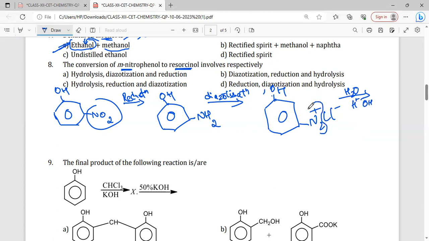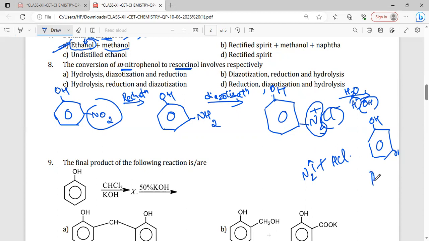We know that nitrogen gas is a very good leaving group. It will leave, H plus and Cl minus will form HCl, and the remaining OH minus will attach to this group, right? So you will have OH and OH. Now I got resorcinol from this.